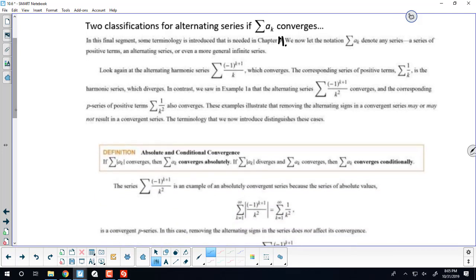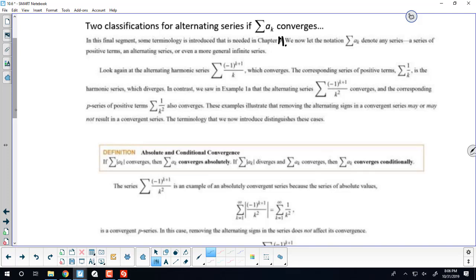They say that we're looking again at the alternating harmonic series, which converged, but the harmonic series was divergent. In contrast, as another example, we have an alternating p-series where p is larger than 1, which converges, and the p-series itself, 1 over k squared, converges.